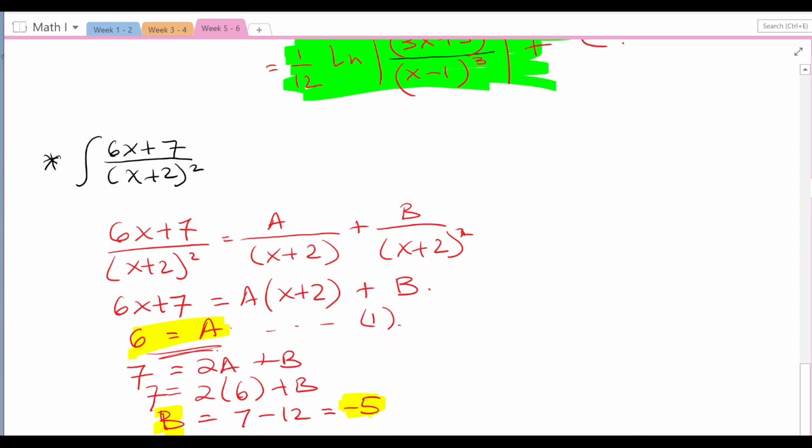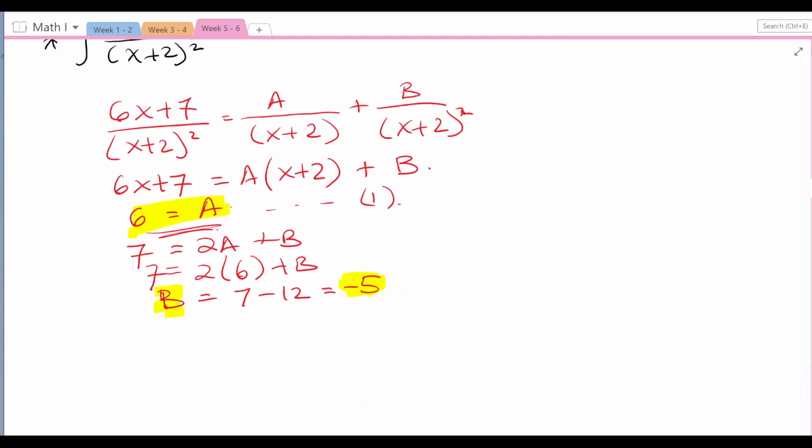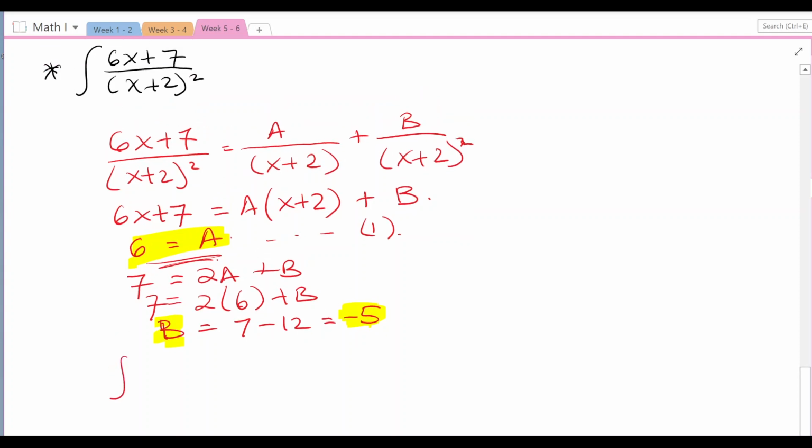Therefore we can decompose our problem: the integral of 6x plus 7 over x plus 2 squared equals, a is 6, so the integral of 6 times 1 over x plus 2.